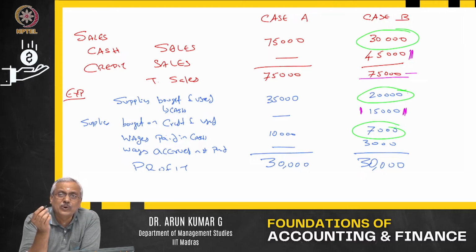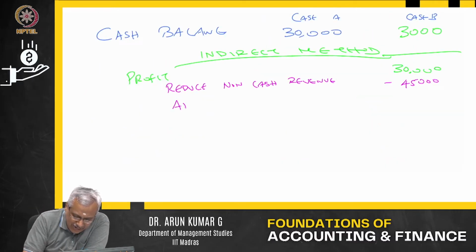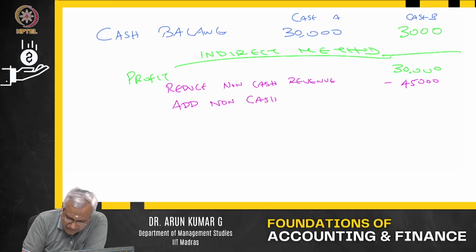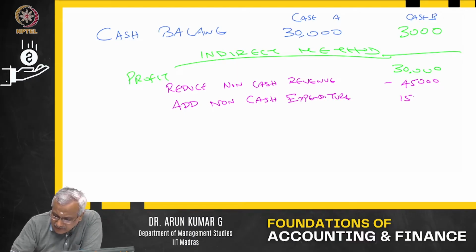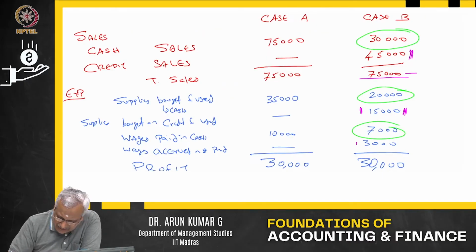So what do I do? I add back the non-cash expenditure. That is 15,000, if I am not wrong. Yeah, 15,000. Similarly, this 3,000 is again a non-cash expenditure.